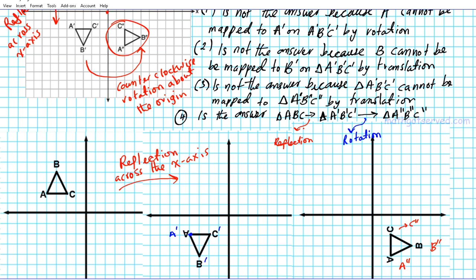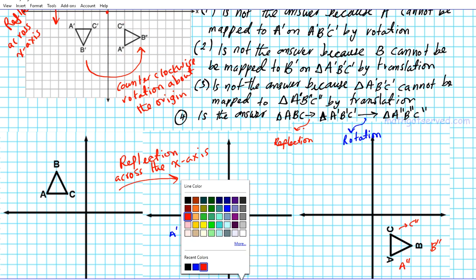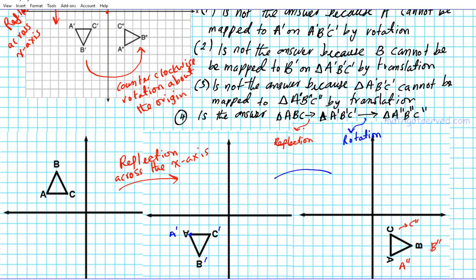original triangle right here. So we can see that the second rigid motion transformation from A prime, B prime, C prime to the double primes is a counterclockwise rotation about the origin.